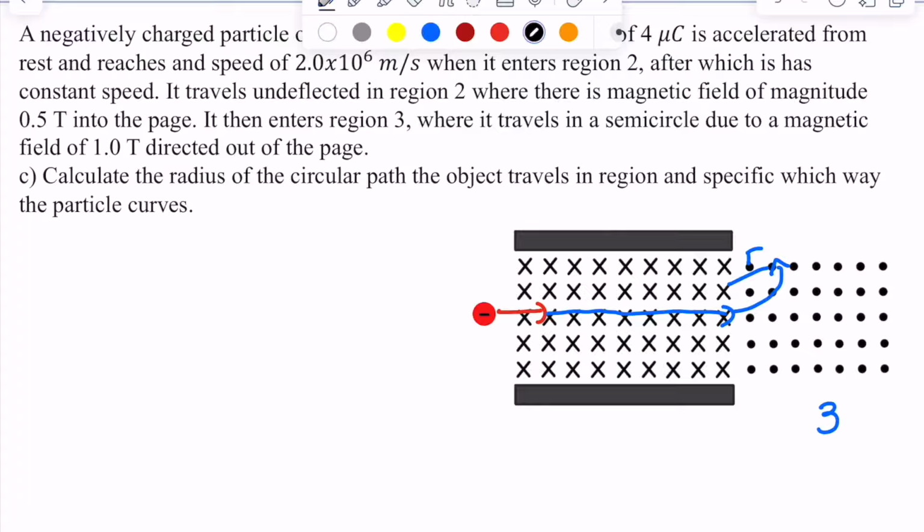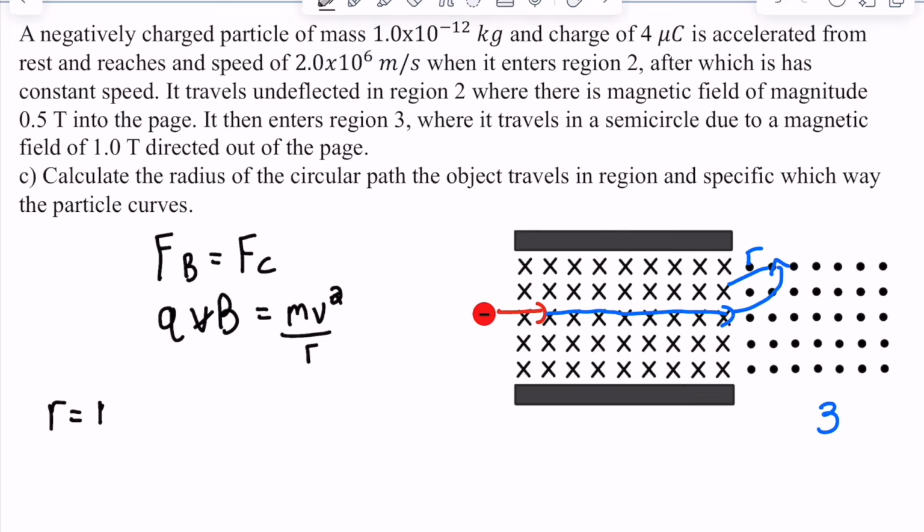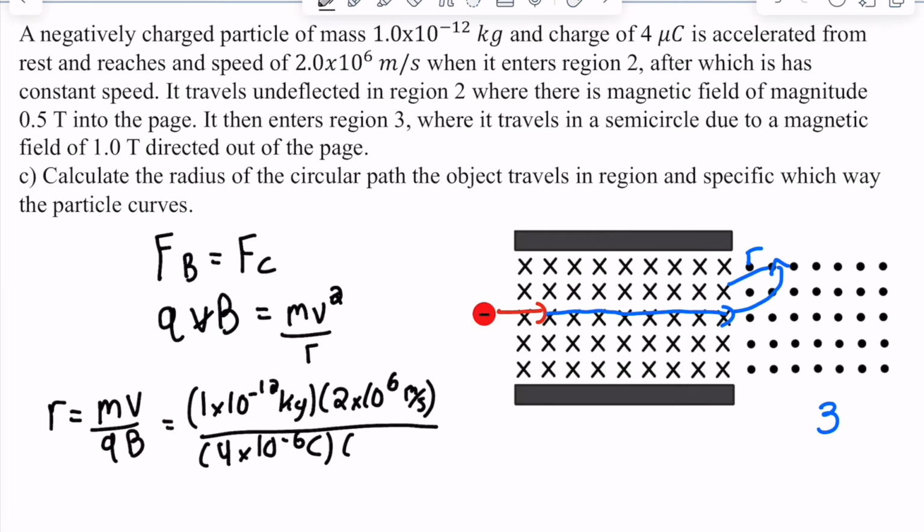And then for radius, I'm going to set the magnetic force equal to the centripetal force, because the magnetic force is providing centripetal force. Magnetic force is QvB equals mv squared over r. I get that r is mv over qB. And then the radius is 1/2, and the particle curves upwards.